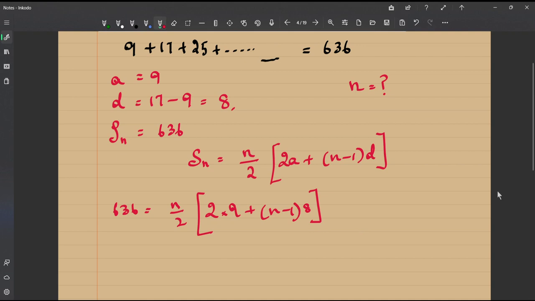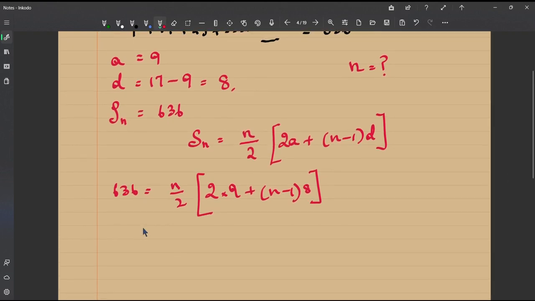So let's simplify. On simplification we get 636 is equal to n by 2 into 18 plus, let's distribute the 8 to both n and minus 1, so 8n minus 8. Now further we can multiply both sides of this equation by 2, just to eliminate this 2 here.